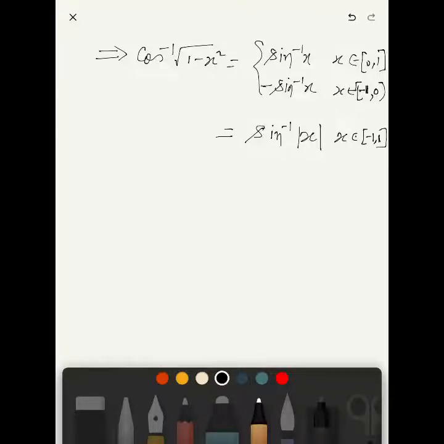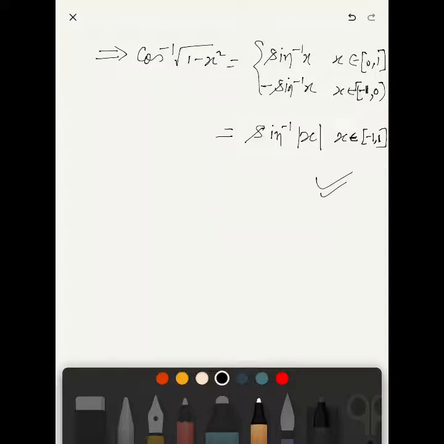It will automatically take negative and positive. I have given a mod sign here. You already know what mod does, isn't it? It just gives the positive value. So I think this is clear.